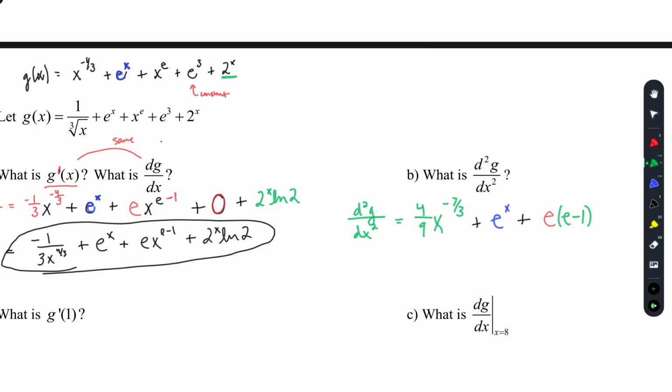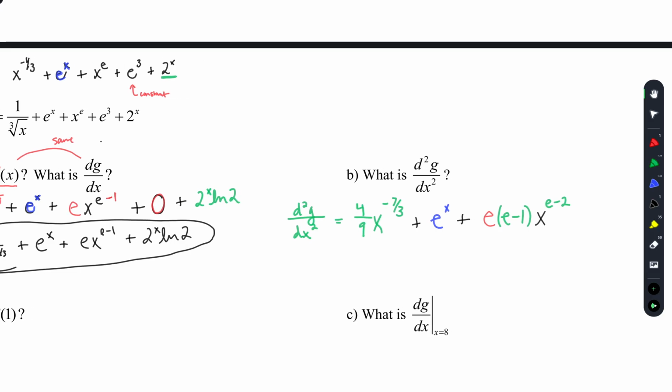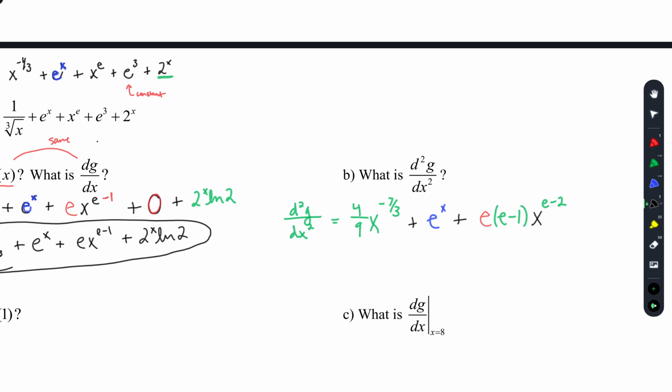This is a hard one. Right? Because I bring it down. Well, wait, what's my new exponent then? It's e minus 1 minus 1, right? Yeah, so e minus 2. Ew, look at that thing. Gross. And then this last one, that's pretty rough, but that's fine.